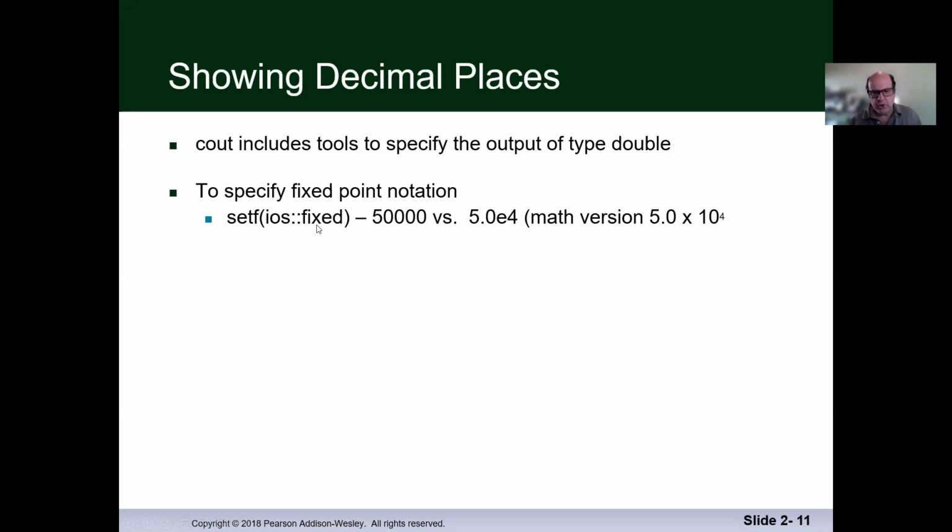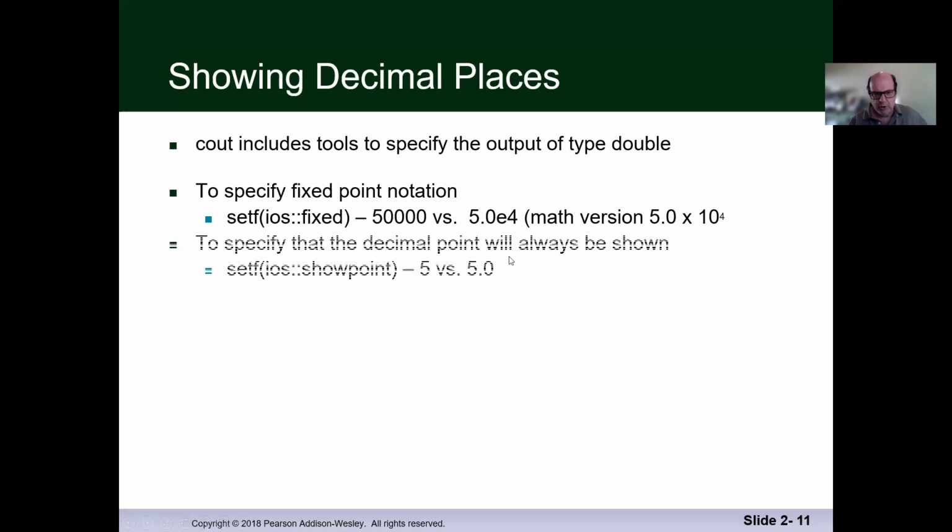So first, we're going to change it to fixed, so we don't want to show it in scientific notation. Next, I want to show the point. Meaning that even if it doesn't have a decimal point, I want to show the decimal point. So 50,000 doesn't have a decimal point, but I want to show it with one. So 50,000 becomes 50,000.0.